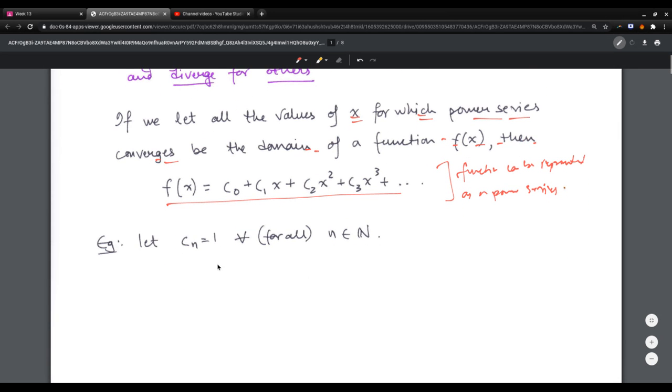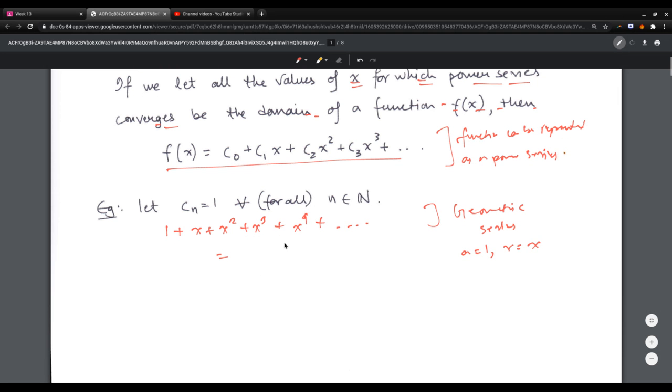Now let's look at an example. Let's say I let all the coefficients be 1. What do I get? I get 1 plus x plus x squared plus x cubed plus x to the 4, and so on. But this is familiar because this is a geometric series with a equal to 1 and r equal to x, meaning this actually sums to 1 over 1 minus x. And this is only if the absolute value of x is less than 1, right?